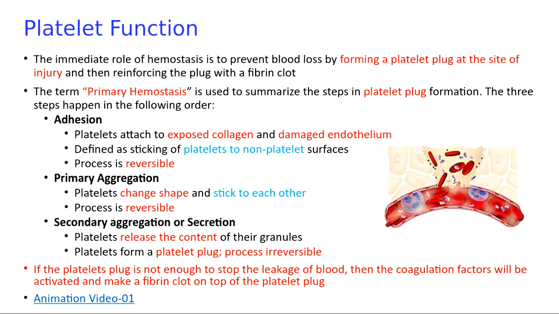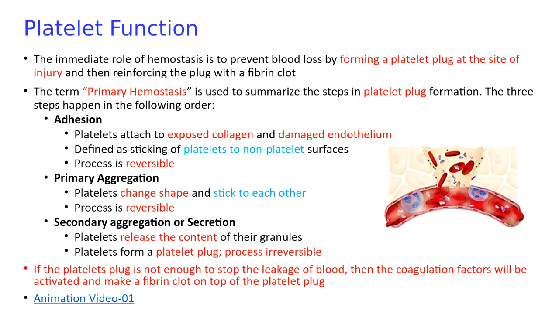then the third and final step is what we call secondary aggregation or secretion. I like to call it secretion because it differentiates from primary aggregation. But what happens during secretion is what the word says. The platelets will secrete all their granules at the site of injury.